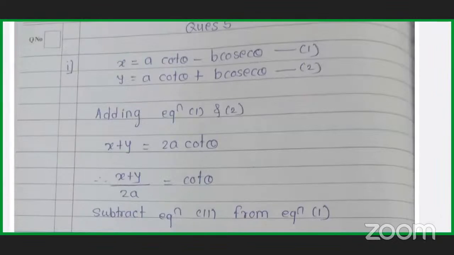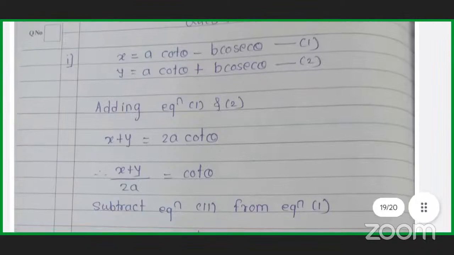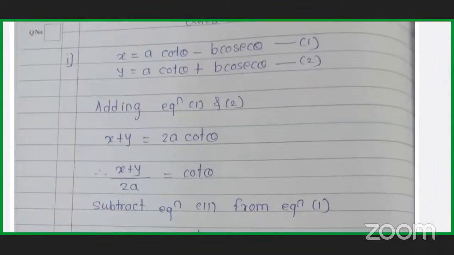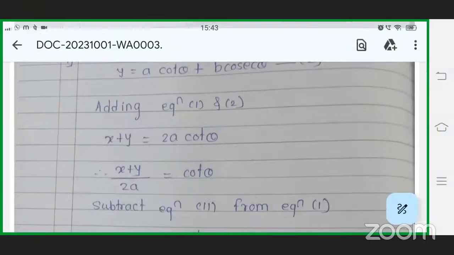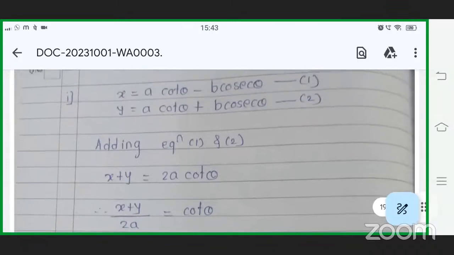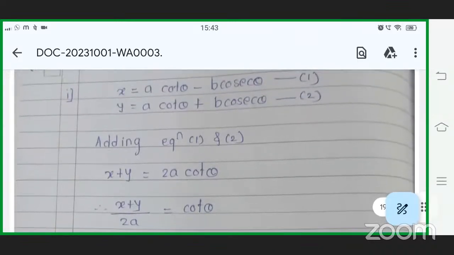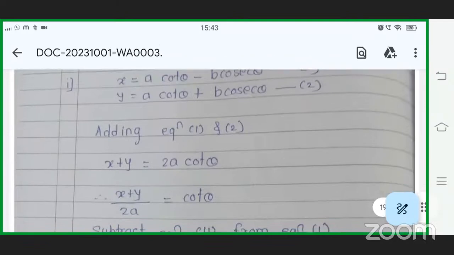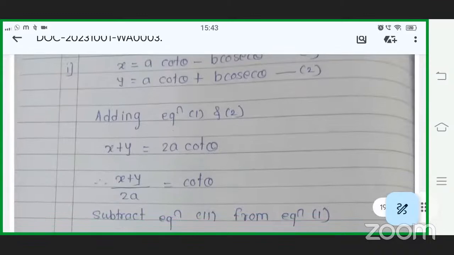Again, we have to subtract equation 2 from equation 1. What will we get? x minus y is equal to, here a cot theta minus a cot theta gets cancelled. So we get minus b minus b, that is minus 2b cosec theta, correct?